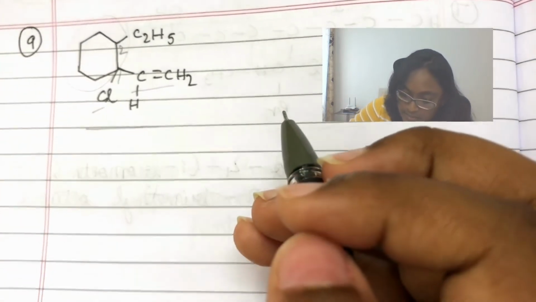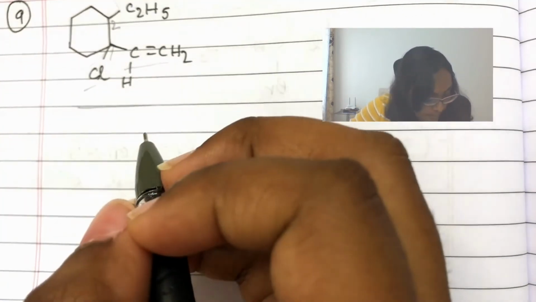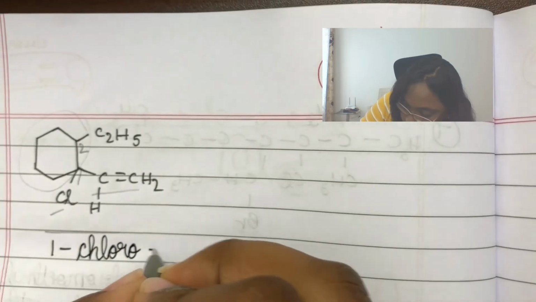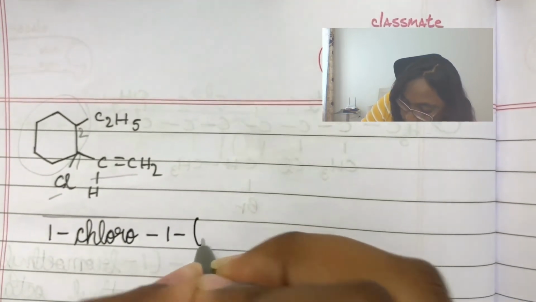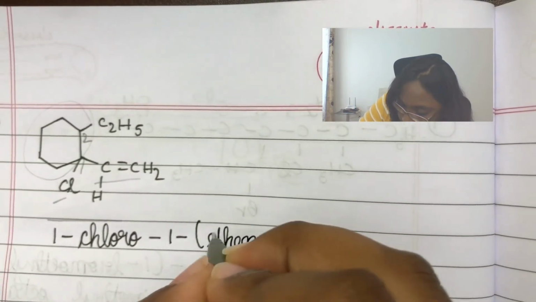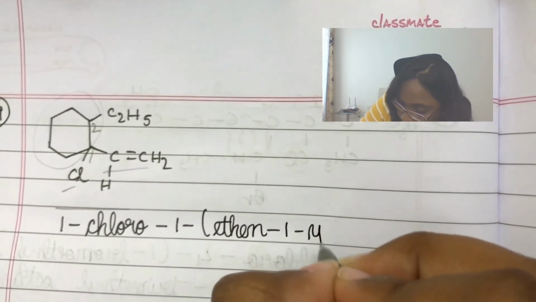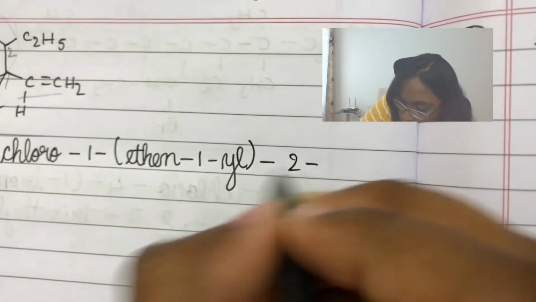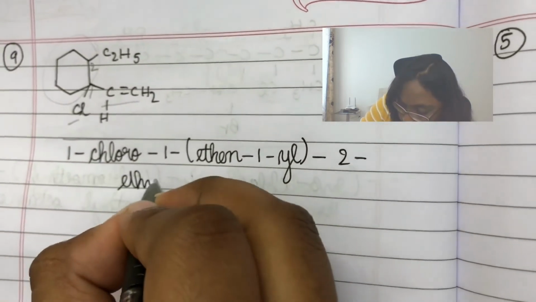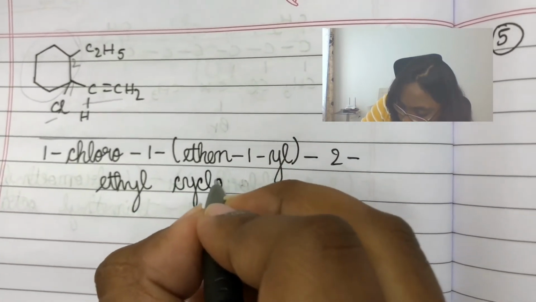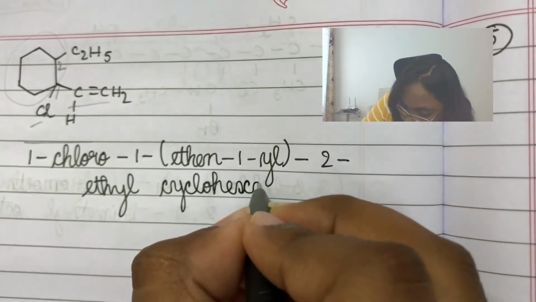So the answer to this question is 1-chloro-1-ethenyl-2-ethylcyclohexane.